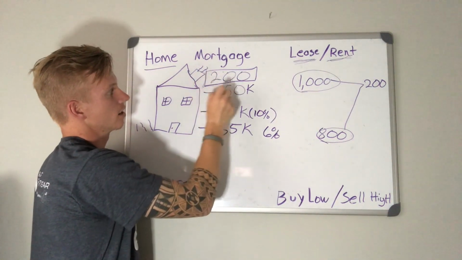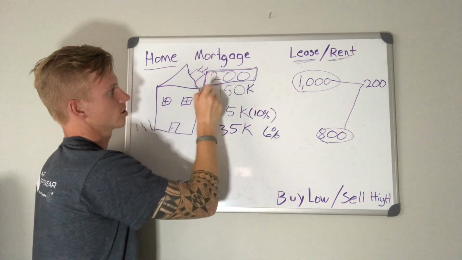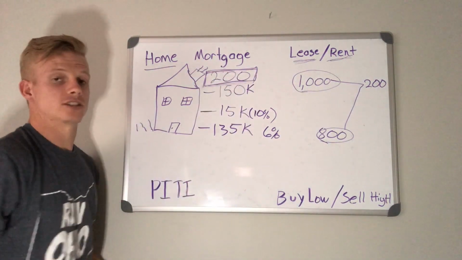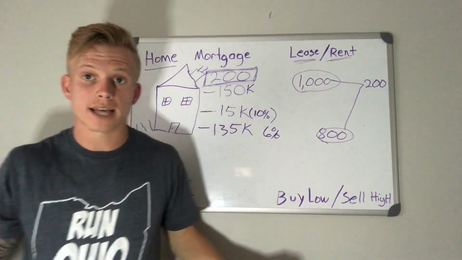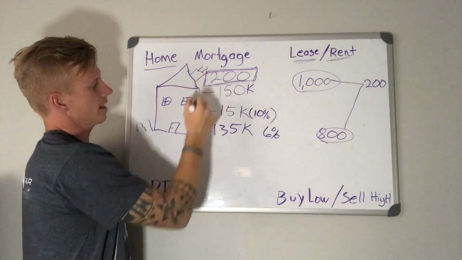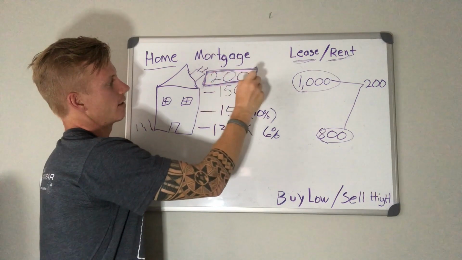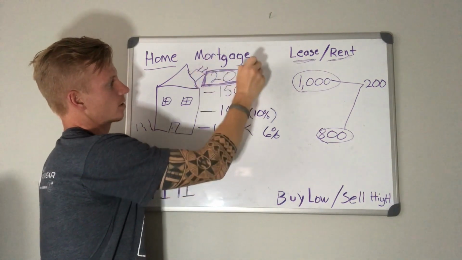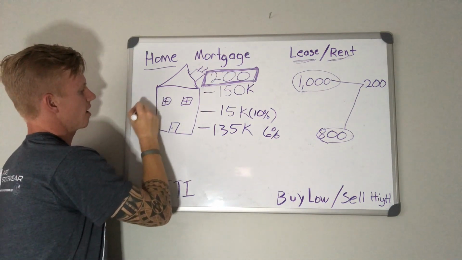But the market says your house is $200,000. So there's this thing called equity. Well, what is equity? Equity is the difference between your mortgage and the total amount that your house can go for, which in this example is $65,000.